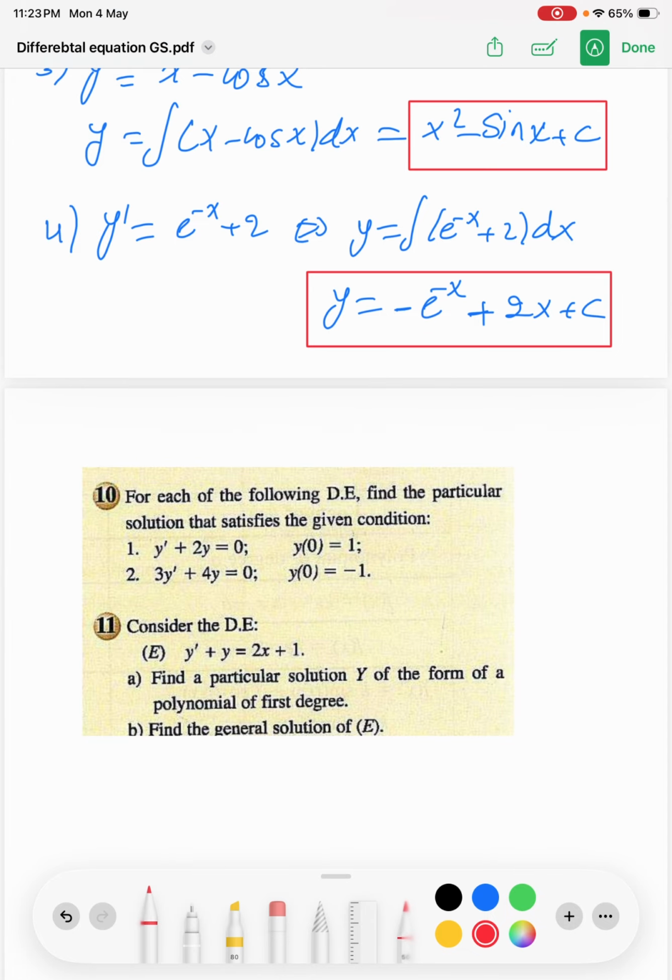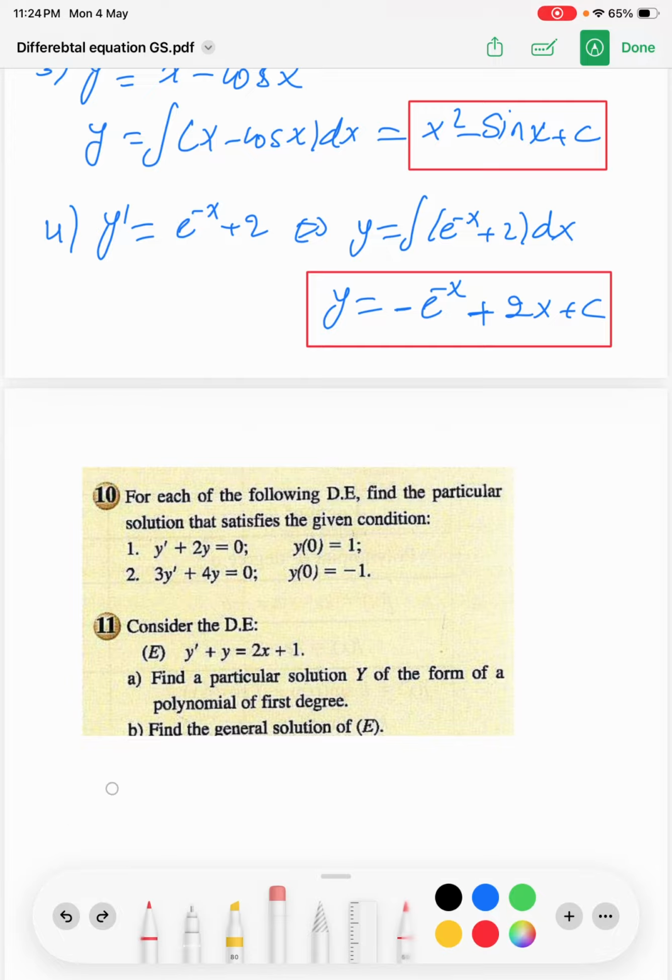In exercises number 10 and 11, in exercise number 10, we have the equation in the form y prime plus ay equal to 0, and the general solution will be y equals c exponential of minus ax. You can use the given condition to find a particular solution, because when you find c, you find a particular solution.